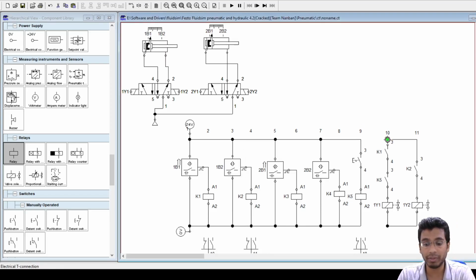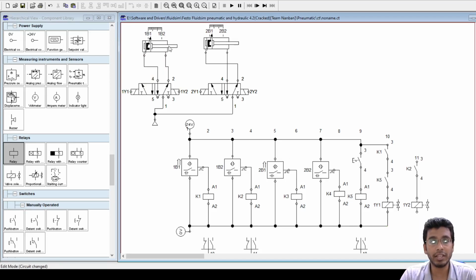When both these conditions are met, your 1y1 will get actuated. Now once 1y1 is actuated, this cylinder will extend and reach its end position.